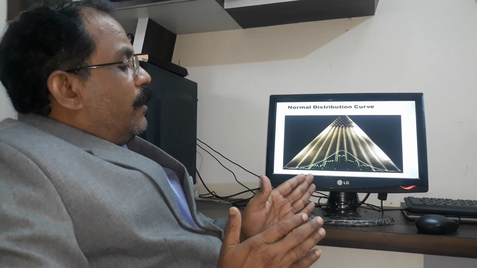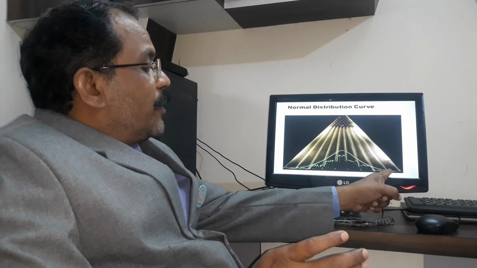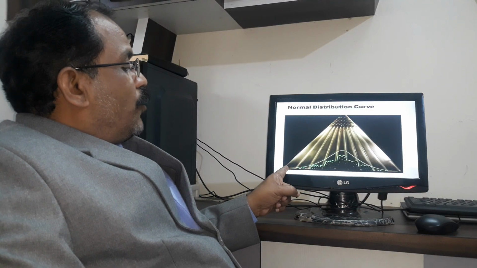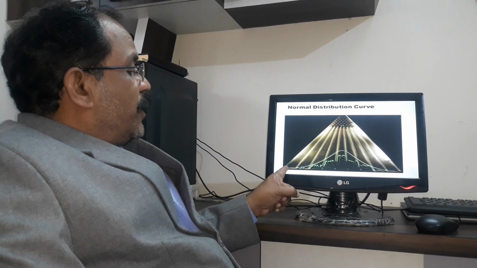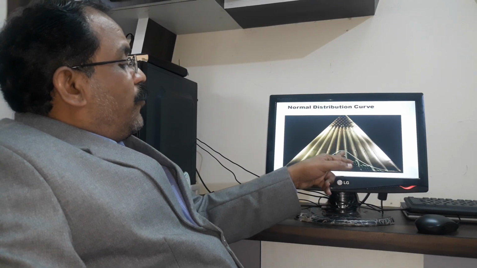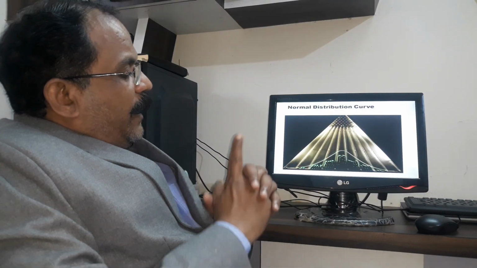Suppose 50.04, because our limit of 0.05 ends here, and 49.95 ends here on the negative side. So the maximum product will be falling at the center. That's why it has a typical shape.